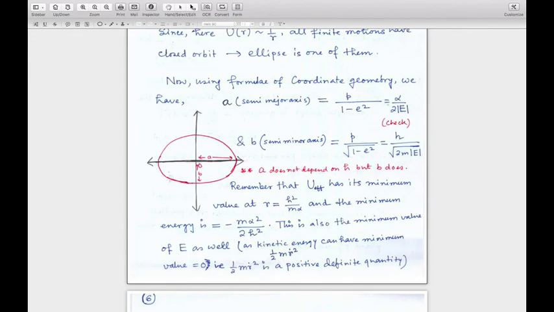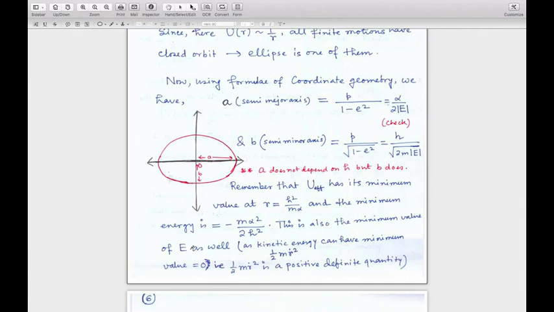And this is also the minimum value of E as well, because U effective plus the kinetic energy will be E, and E has a minimum value when the radial term of the kinetic energy just vanishes.